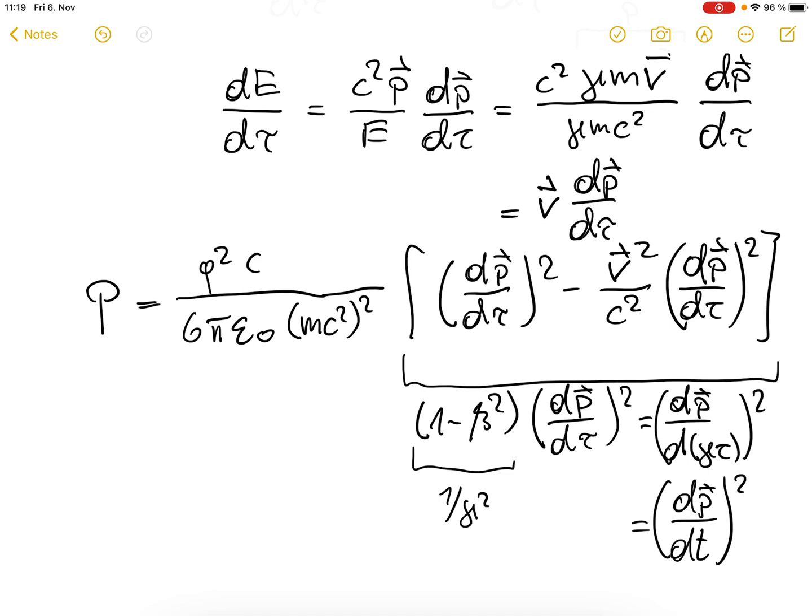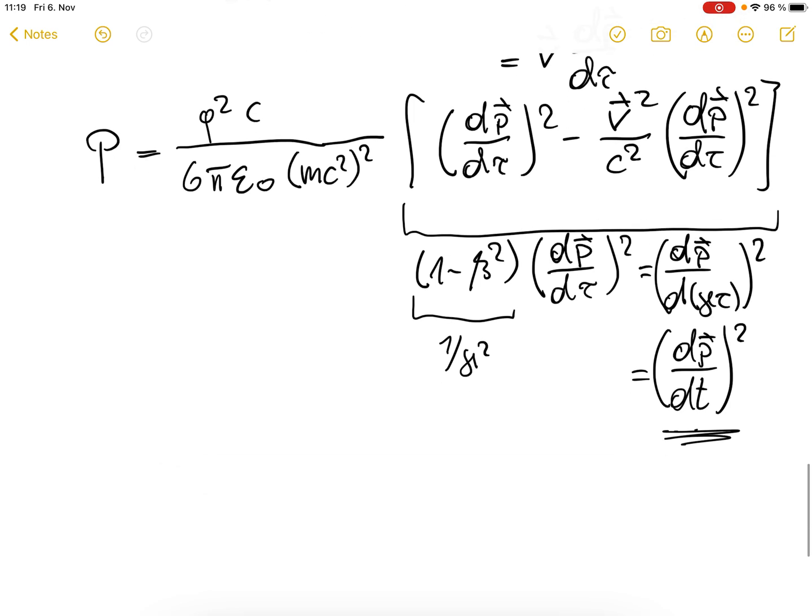Good. So we can express our power dissipation in principle in terms of quantities that are not measured in the frame of the particle, but in the lab frame. dp with respect to dt, we can replace that by the energy gradient in linear acceleration, because the energy change over a distance the particle travels will amount to a change in the momentum.